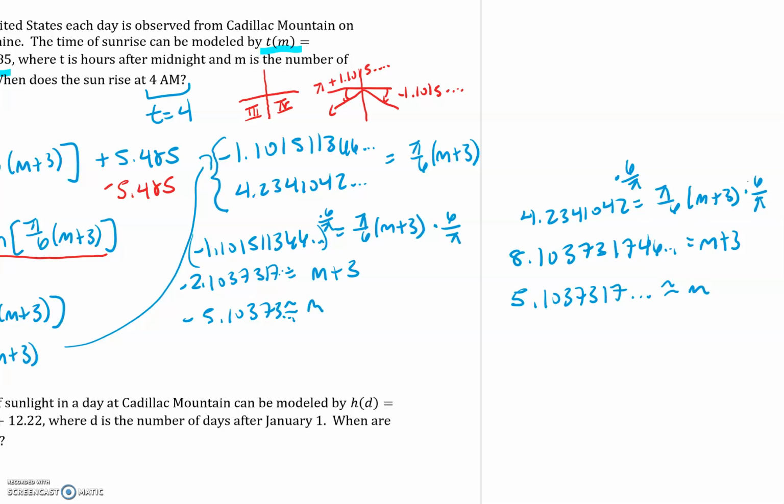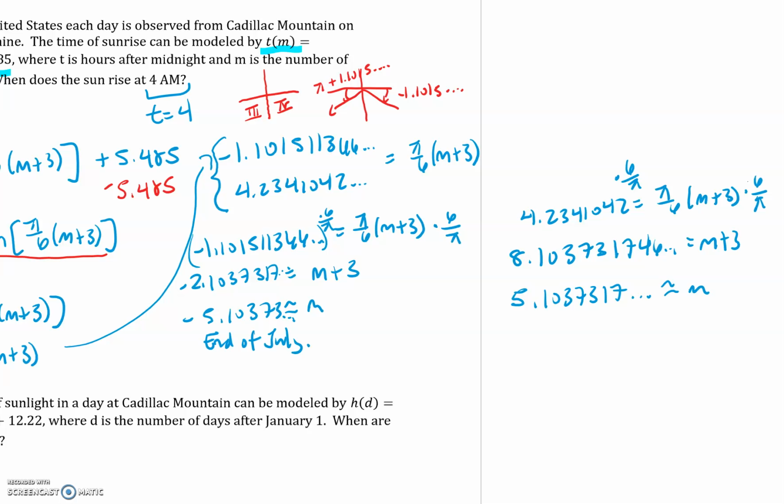So it'll be December, November, October, September, August is exactly 5 months, but it's just slightly over. So this is approximately the end of July.